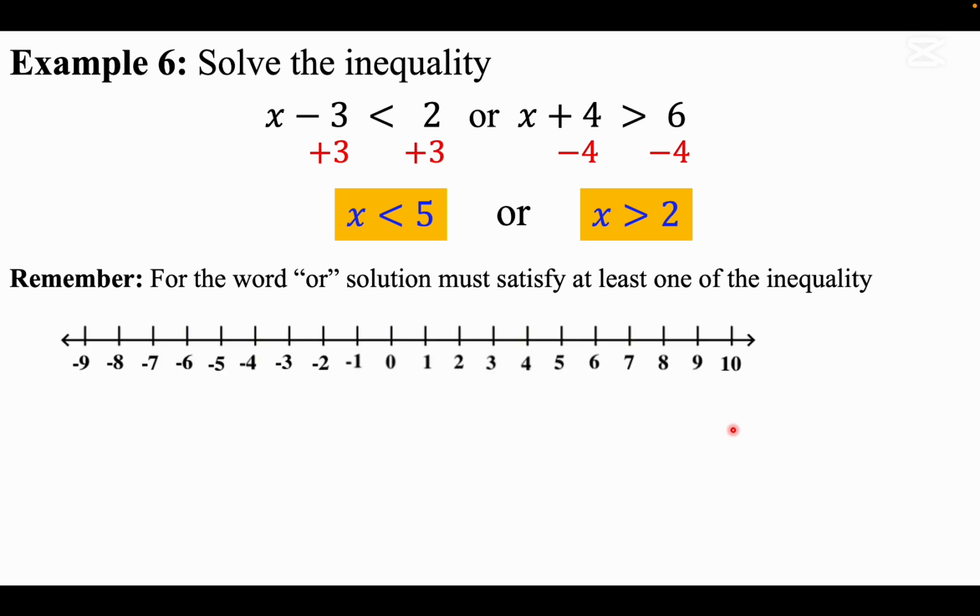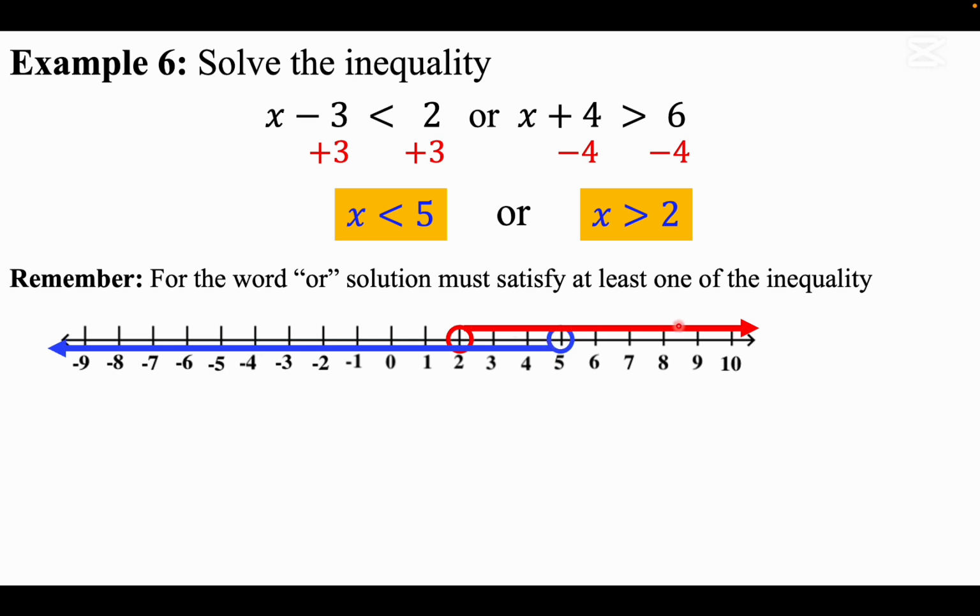So we have an open circle right above 5 and 2, since they're not included. And then we're going to go to the right of 2, bigger than 2, and then to the left of 5, since it's less than 5, and then to the right of that. Now, the solution just needs to satisfy one of those inequality symbols. And as I can see here, you start from here, you continue all the way to here, and then it continues from here.